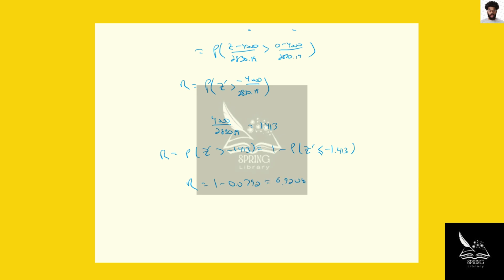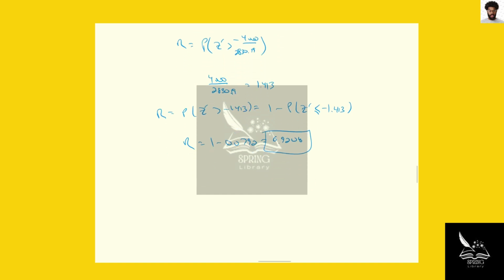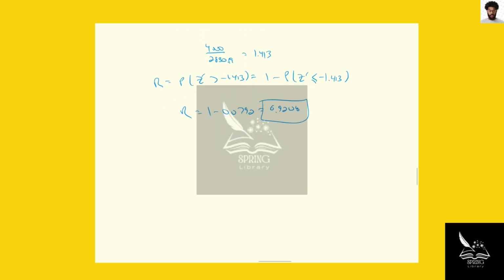So the system reliability for this failure mode is about 0.9208. To achieve a reliability goal of 0.99990, we need to find the new mean strength Y prime, such that the probability that Y prime is greater than X is 0.99990.